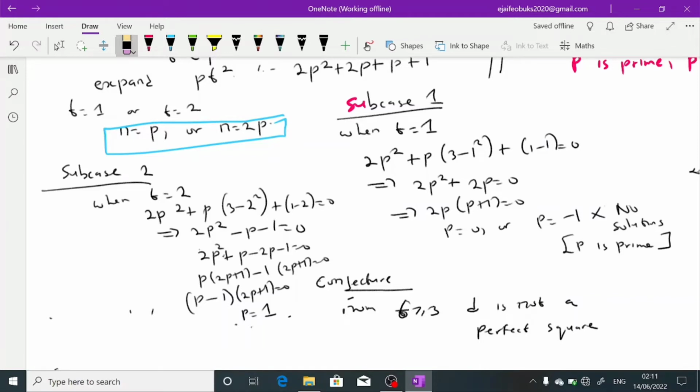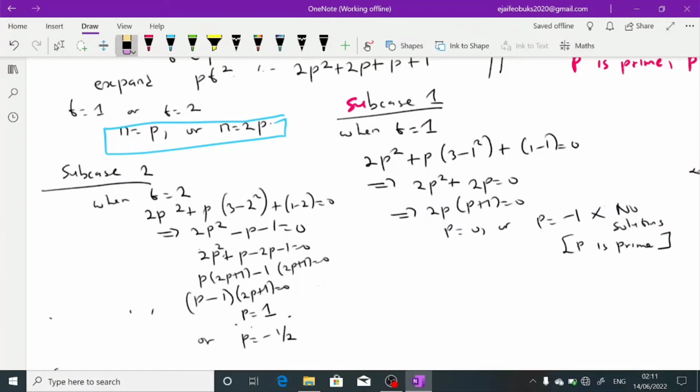P equals 1 or p equals minus half. Also no solutions. Hence p is prime.